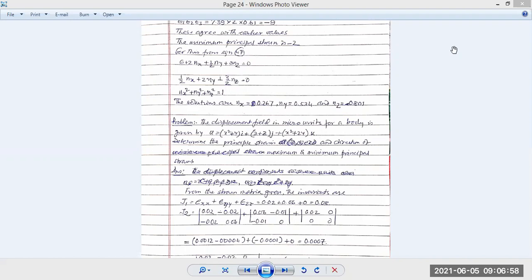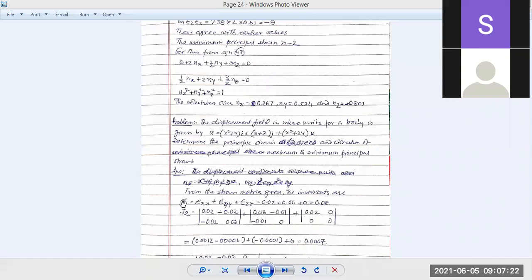Now, for the strain matrix we have gone through, there should be J1, J2, and J3.